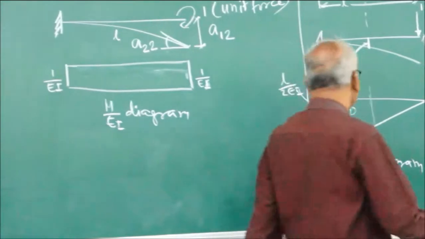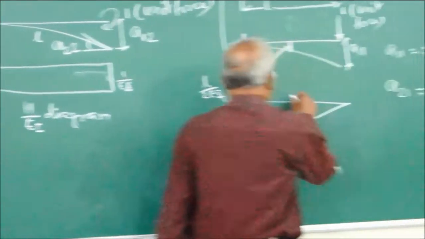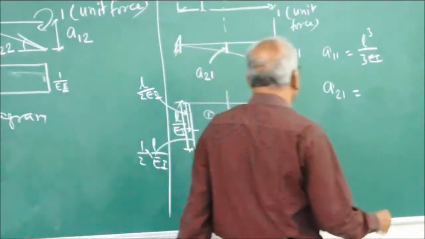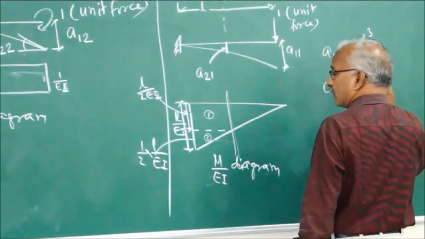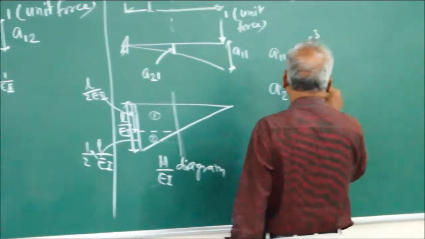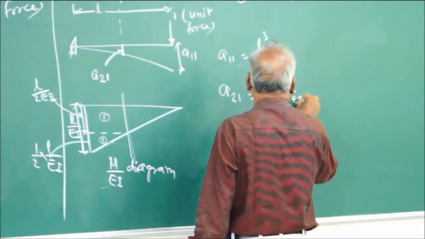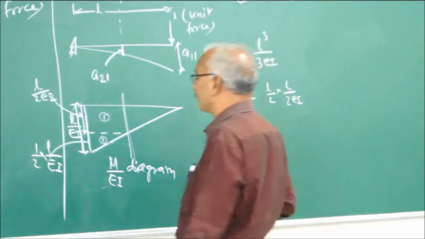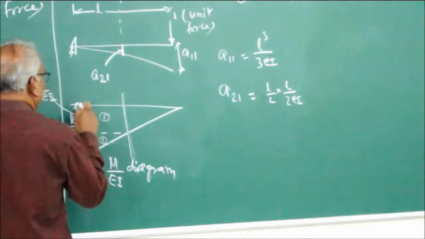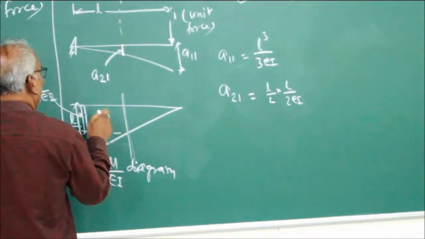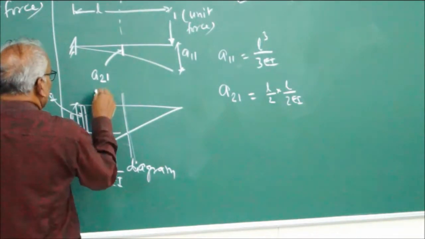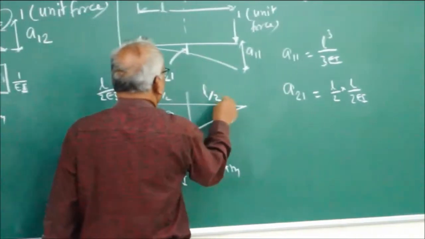Right. So A21 for this section, for the rectangle, it is L by 2 into L by 2EI into half of L by 2. Because this is L by 2, this is also L by 2.